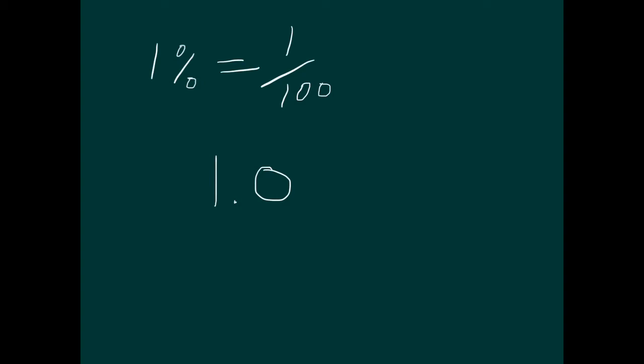If it is in a division form, numerator and denominator, for every 0 we move the point 1 place left. So if we want to cross this 0 off, the point moves up to here.